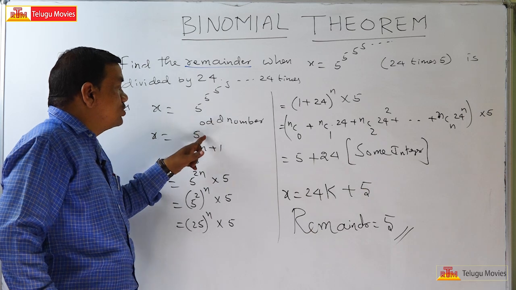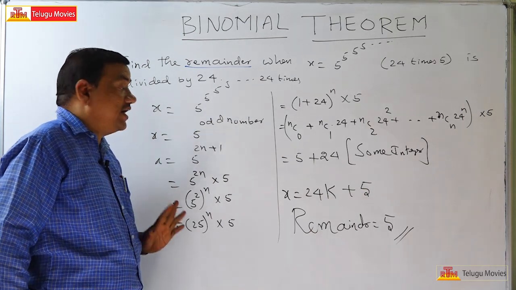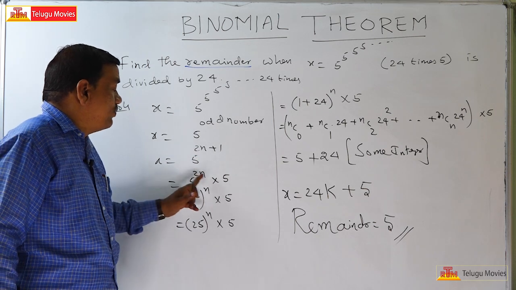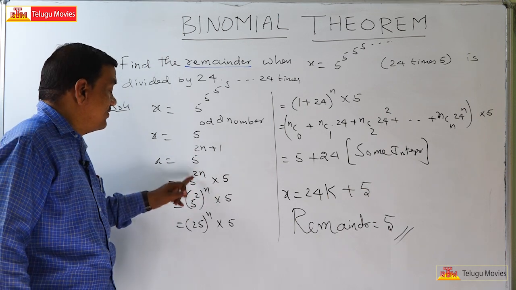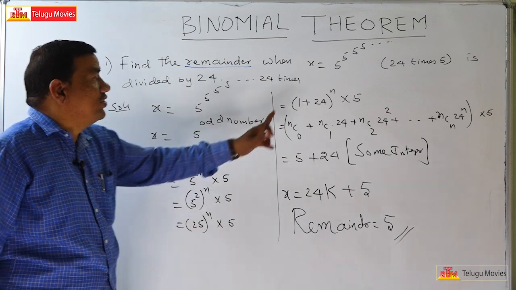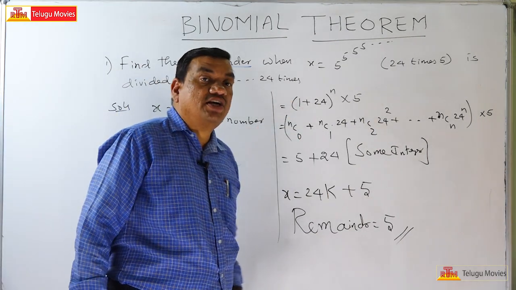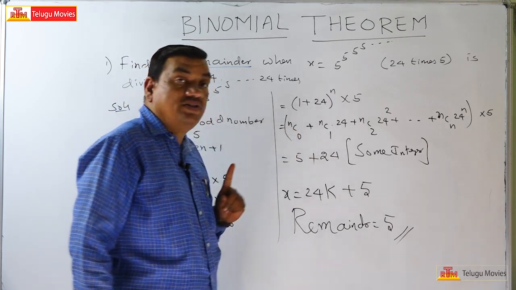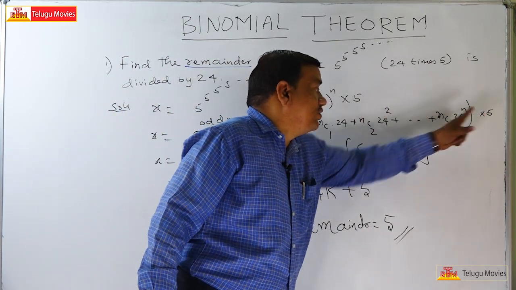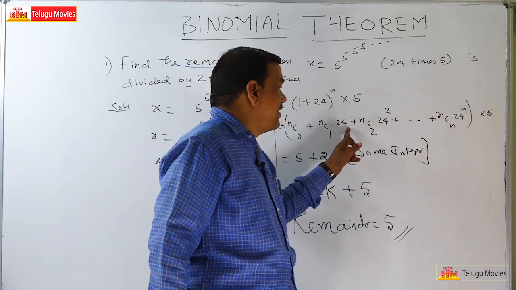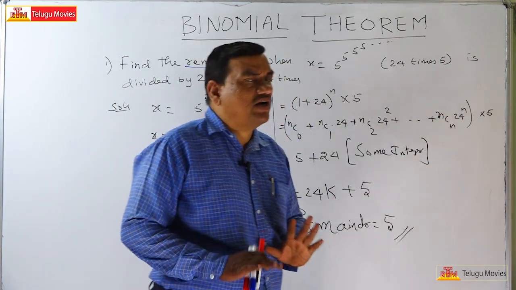So 5 to the power of an odd number you will get. Odd number is 2n plus 1, so this is 5 to the power of 2n into 5. This is 5 square, 25. 25 I wrote as 1 plus 24. Binomial expansion I did. So nC0 means 1, that is equal to 1 into 5, 5. Of course, the rest is a multiple of 24.